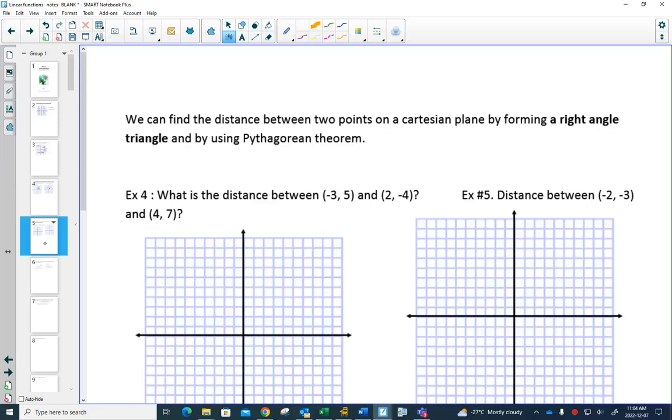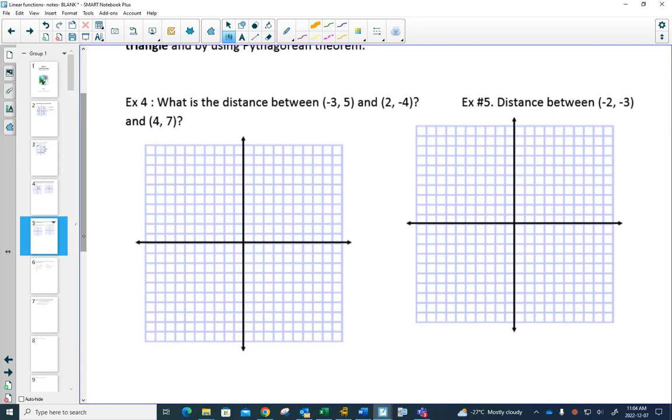But what if they're not in a straight line? So if you found the distance between -3, 5, so we're going to label that point -3, 5, and 2, -4, finding the distance between 2 points is related to trigonometry.